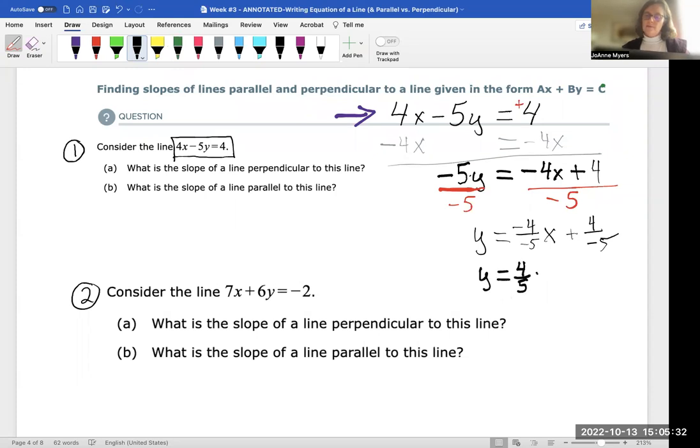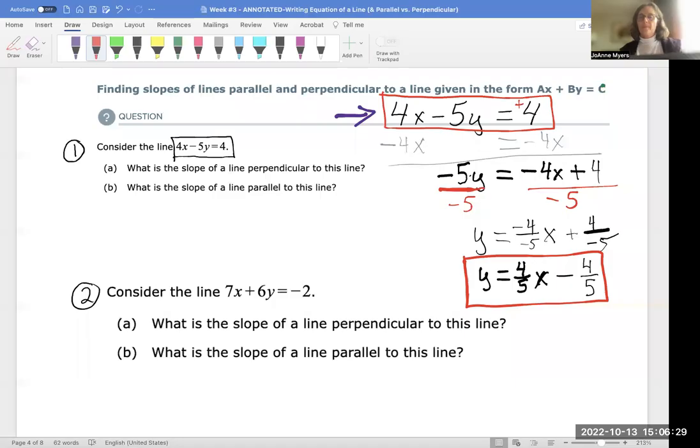So I would write this as 4/5 x. Positive divided by negative is negative. So positive 4 divided by -5 is the same thing as -4/5. So y equals 4/5 x minus 4/5 is the same thing as the original equation 4x minus 5y equals 4.